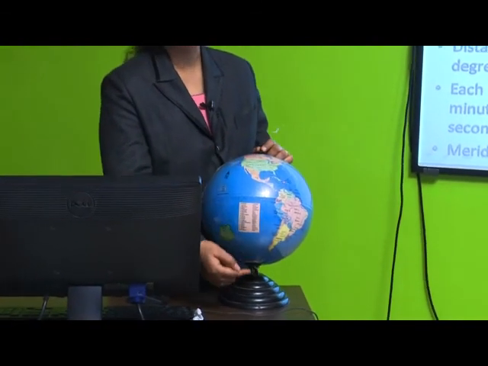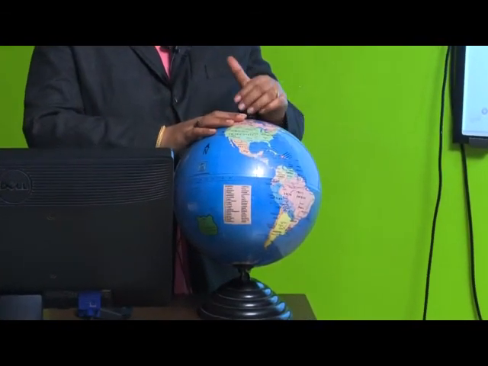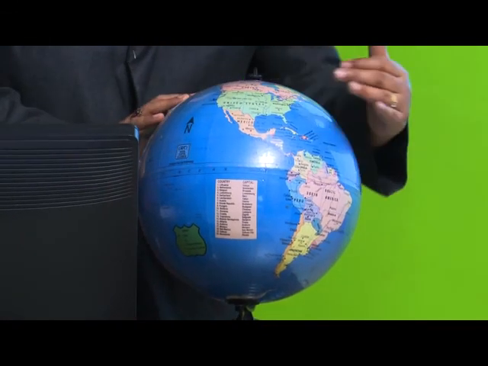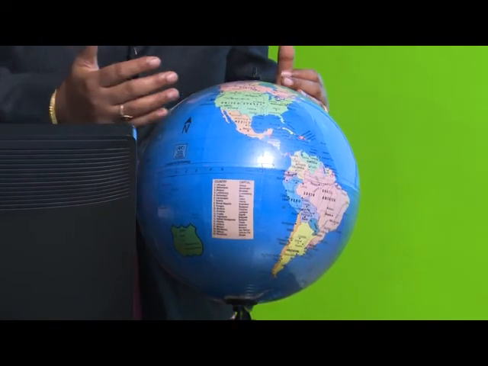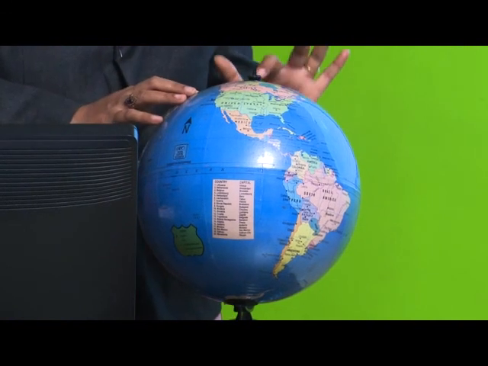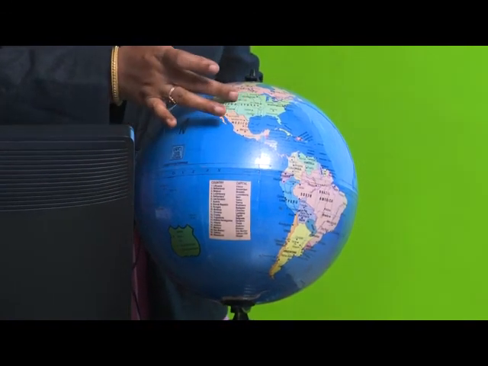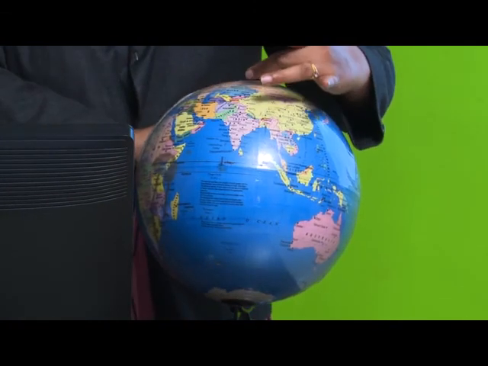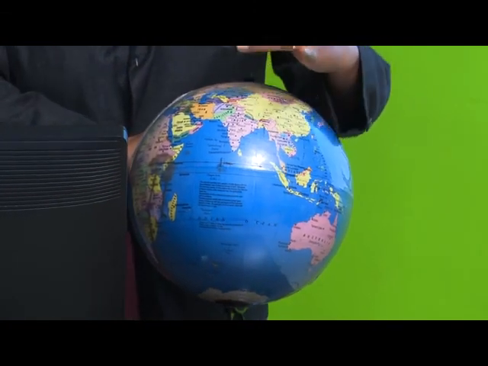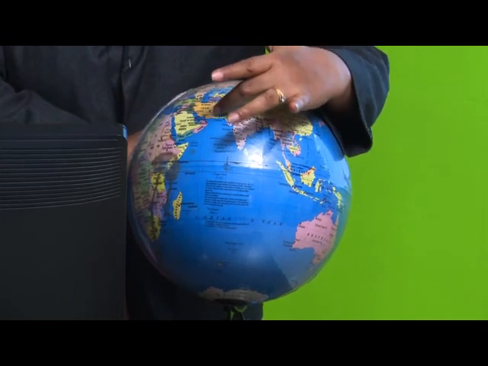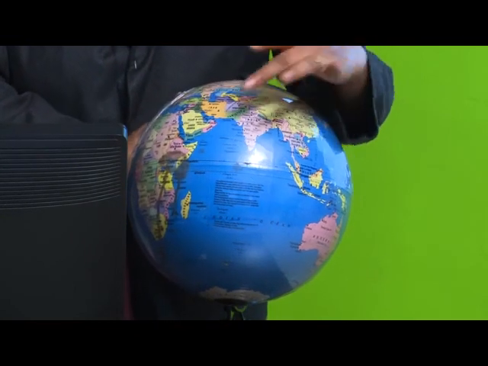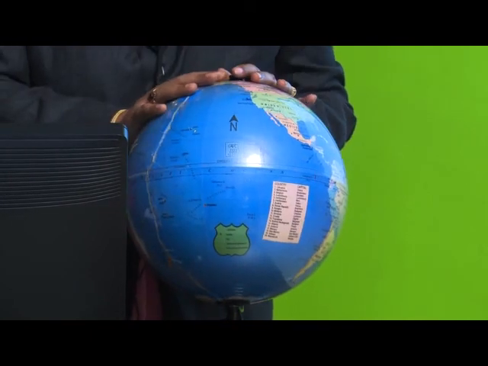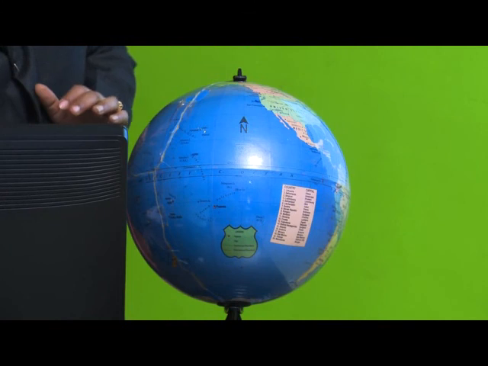It is situated at 0 degree, and exactly opposite, where all these longitudes meet, from eastern side 180 and from western side 180, at the back exactly opposite of this one, is called the International Date Line. So that's why in total we get 360 longitudes.